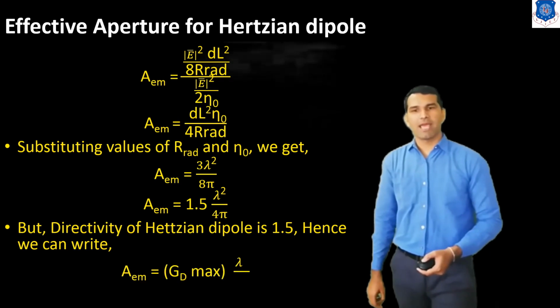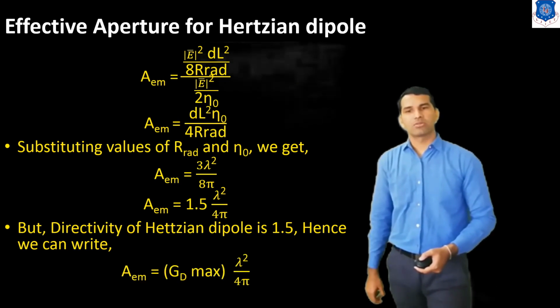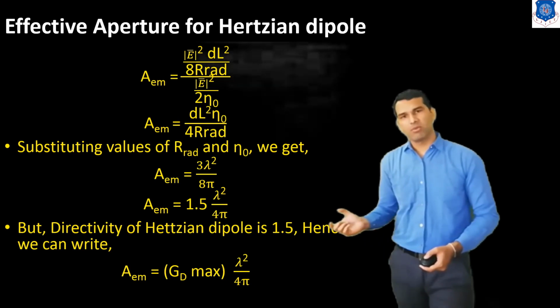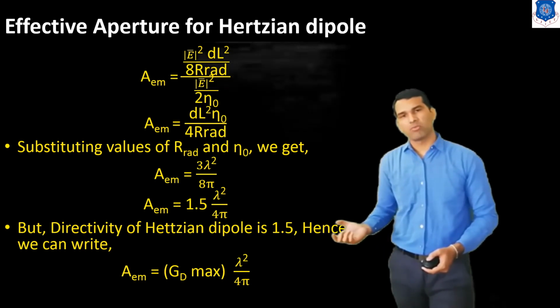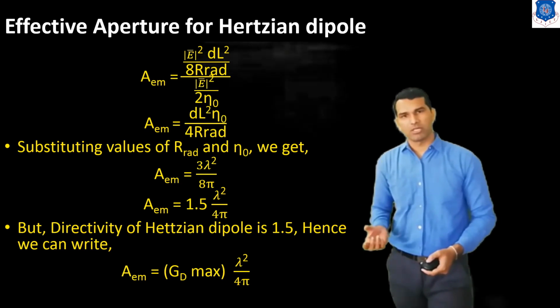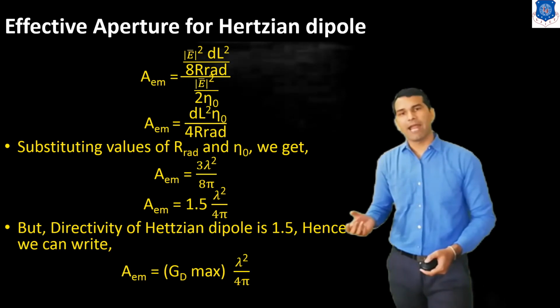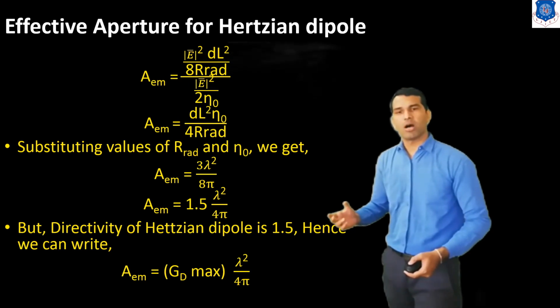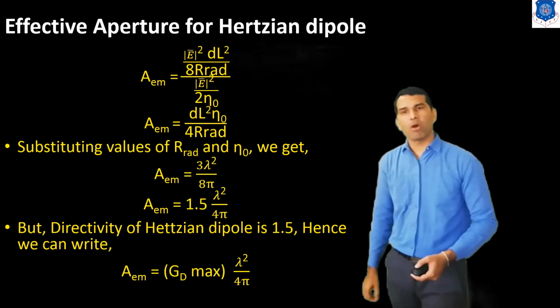So we can write AEM is equal to GD maximum lambda square upon 4 pi. GD maximum we can also simply write as D, because it indicates the directivity. GD indicates the directive gain. So AEM is equal to GD maximum times lambda square upon 4 pi.